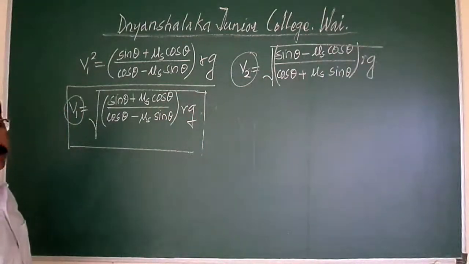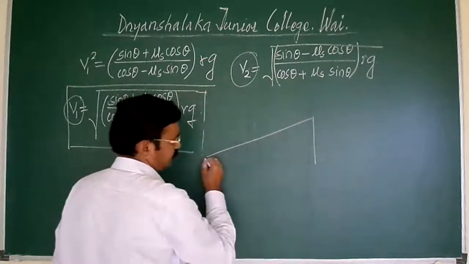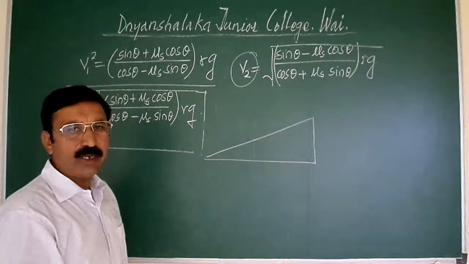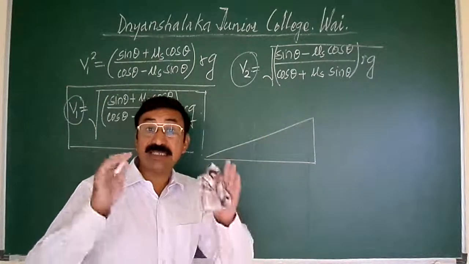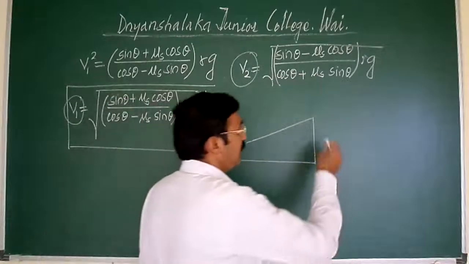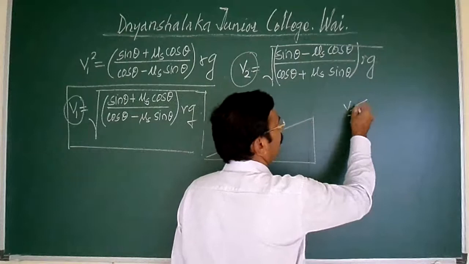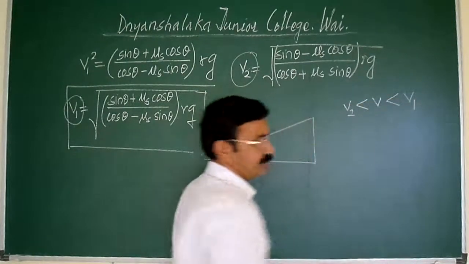But when on a curved banked road, if the vehicle moves with a safe velocity, it will be greater than V2, but it will be smaller than V1.